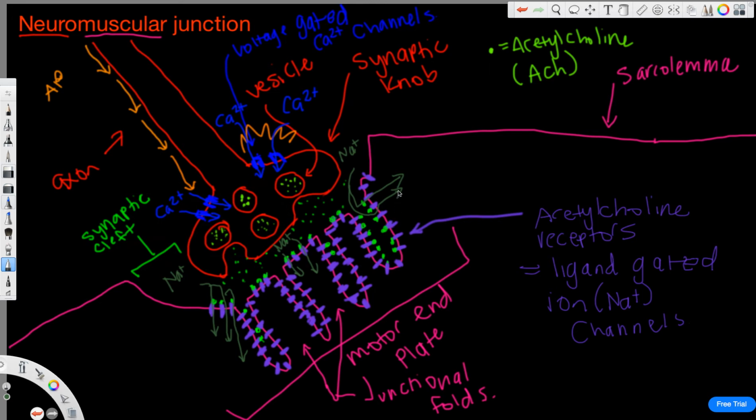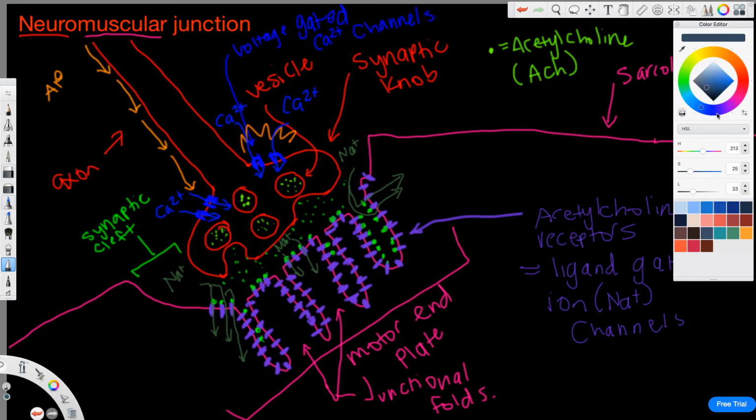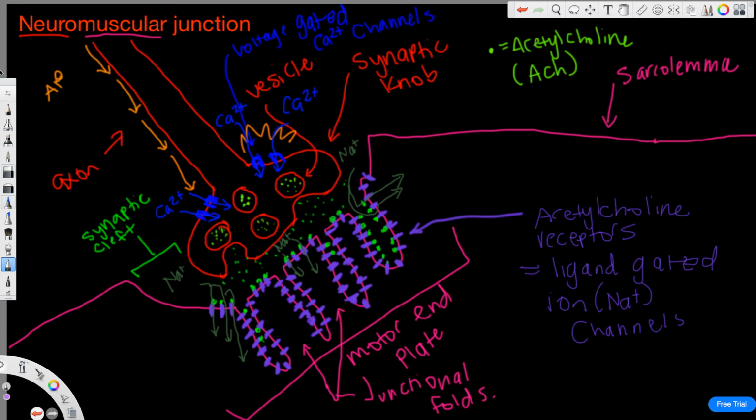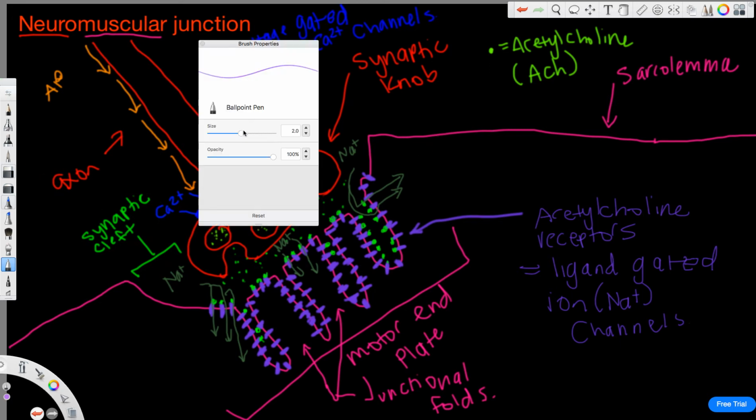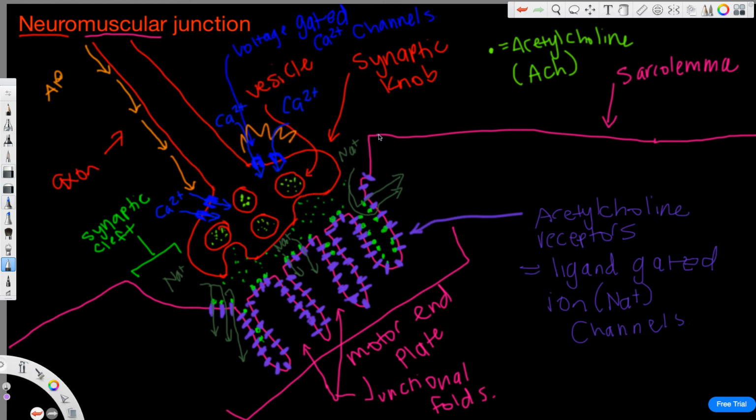But what happens next? Well, these ligand-gated ion channels are neighbors with, let's make it a different shade of purple, a nice lavender color, some voltage-gated ion channels. So not ligand-gated, but rather channels that open at a particular voltage.